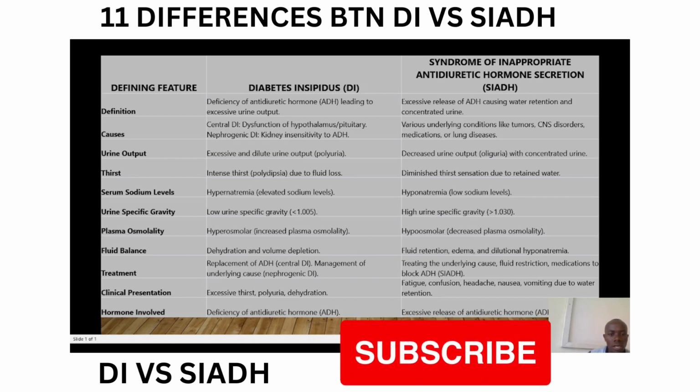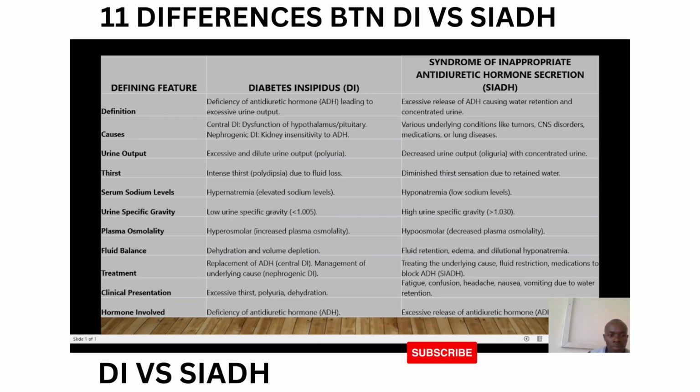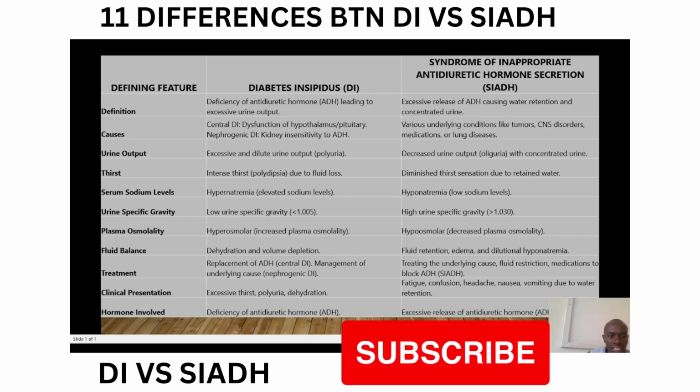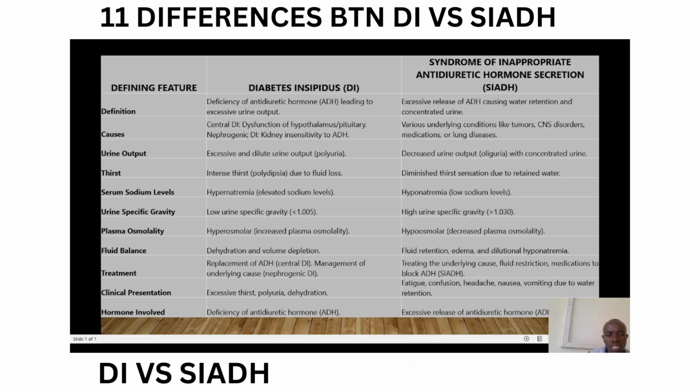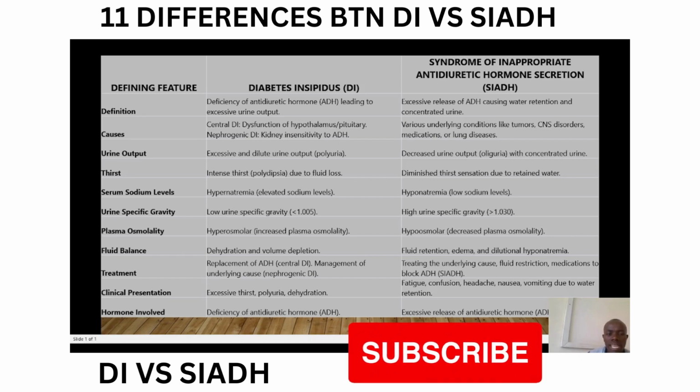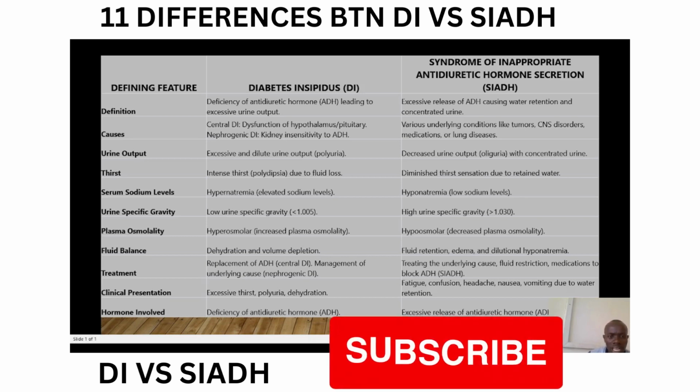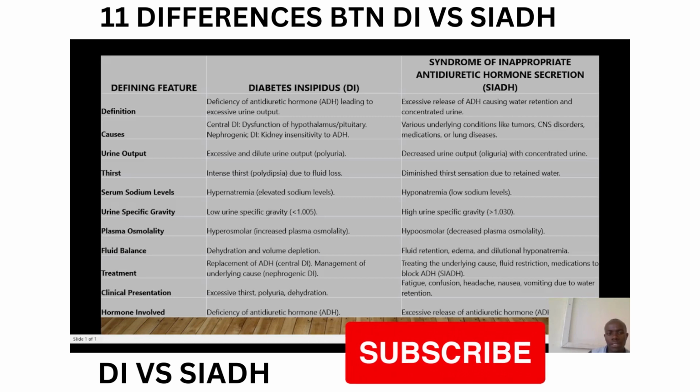But when there is no ADH, you are going to have excessive urine production and water loss. SIADH leads to excessive release of ADH, and this causes the kidneys to retain water excessively, including the solutes. Remember, when you're losing urine, you're also losing the other solutes in the body.